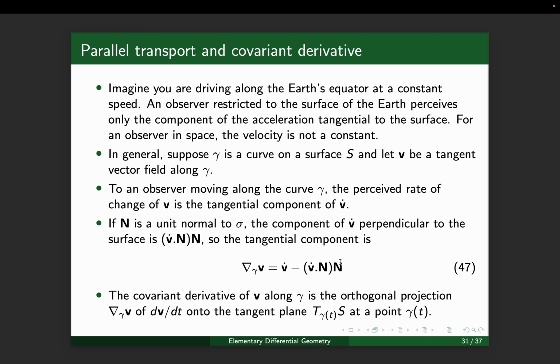So suppose gamma is a curve on the surface, and V is the tangent vector field along gamma. To an observer moving along the curve gamma, the rate of change of V is just the tangential component of the rate of change of the vector V. If n is the unit normal to the surface, the component of the rate of change of the velocity perpendicular to the surface is given by the projection along the standard unit normal.